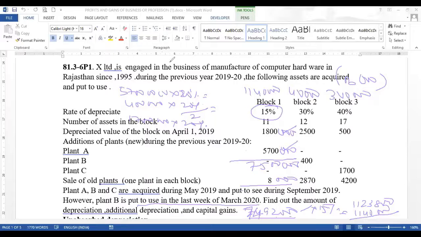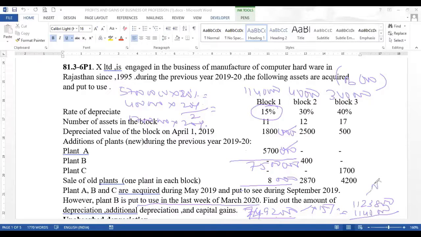So let us look at the second block. Please write down if you want, columnar if you make. I'll send the question, don't worry. Today or tomorrow I'll send it, because I'm just trying to get all the questions together. But try to understand the concept: first calculate additional depreciation separately. Then you calculate normal depreciation.